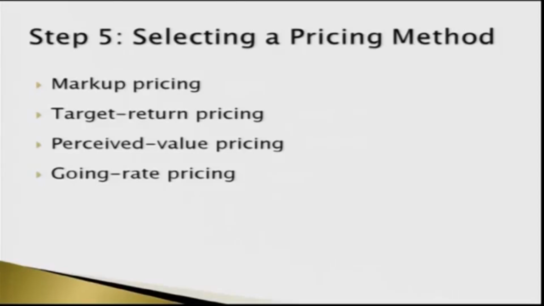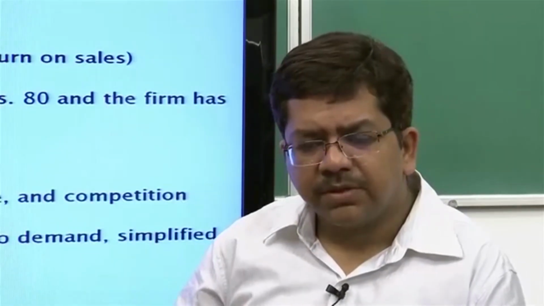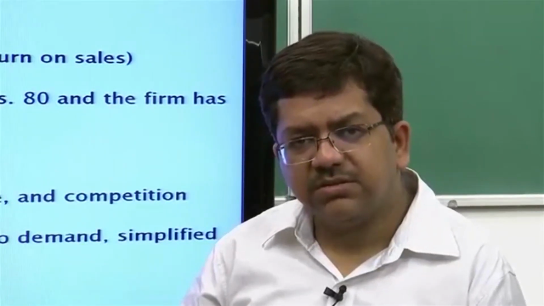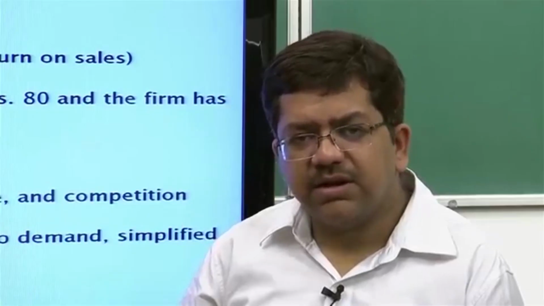And we have discussed markup pricing, target return pricing, and perceived value pricing. Now, just to give you a brief recap of these three different types of pricing methods. Markup pricing is about this formula: you have a desired return on sales in your mind as a marketeer.